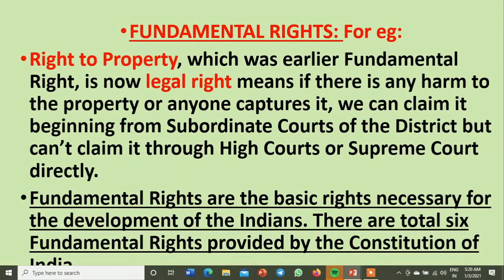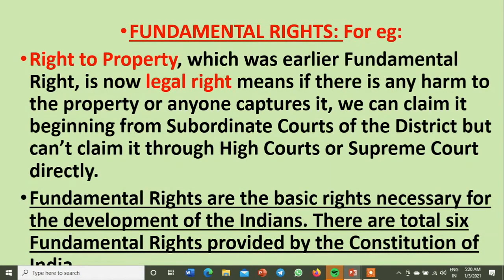Means if there is any harm to the property or anyone captures it illegally, we can't claim it directly. We can claim it beginning from the subordinate courts of the district, but can't claim it through the High Court or the Supreme Court directly. In the case of fundamental rights, we have the provision to file a writ in the High Court or the Supreme Court.